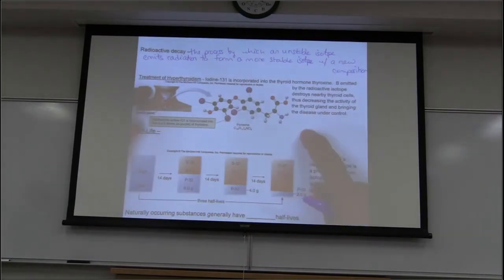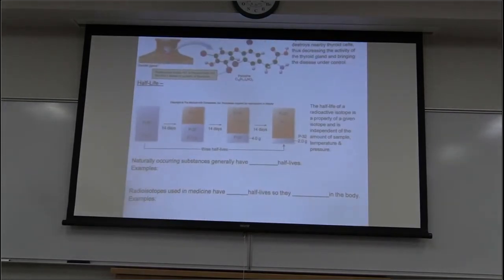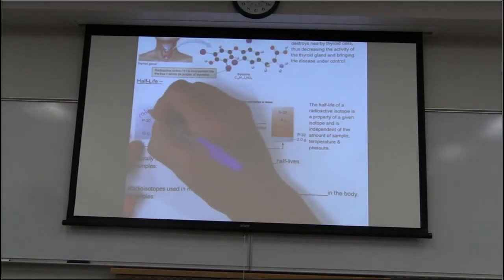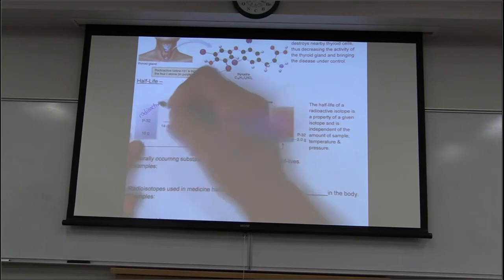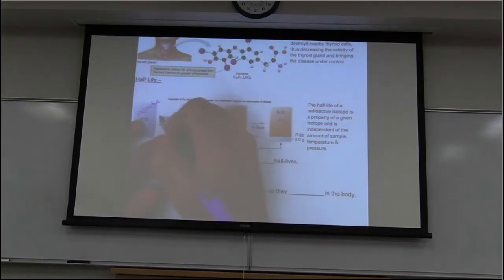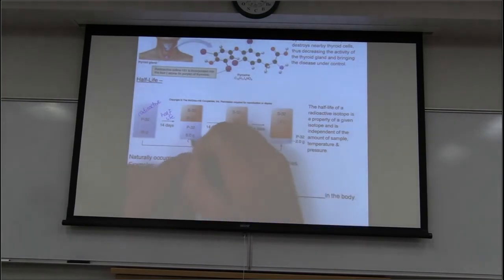Before we talk about hyperthyroidism, let's come down. This is what I really want you to see here. So phosphorus-32 is radioactive. After 14 days, which is called its half-life, and I'll describe that in a minute, you only have 8 grams of phosphorus-32, which again is radioactive.